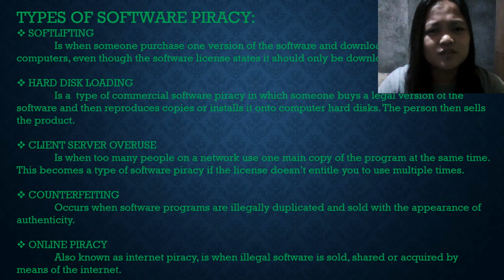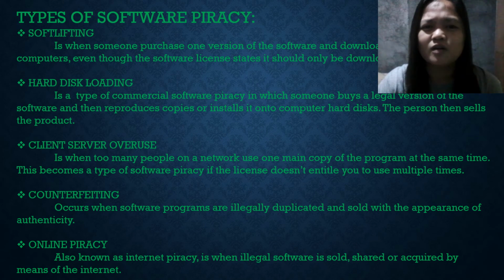Client-server overuse often happens when businesses are on a local area network and download the software for all employees to use. Counterfeit software is usually sold at a discounted price in comparison to the legitimate software. And online piracy is usually done through a peer-to-peer file sharing system, which is usually found in the form of online auction sites and blogs.